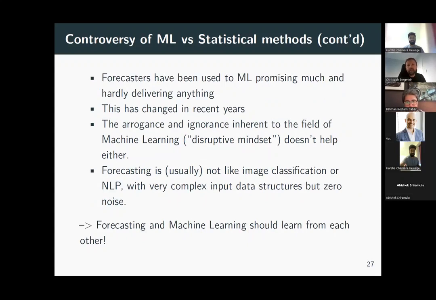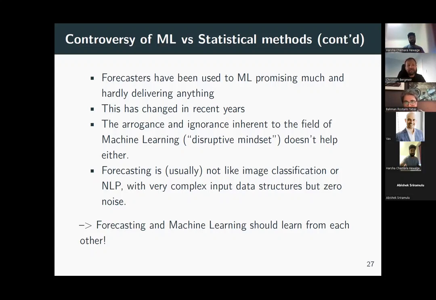Yeah, so forecasters have really been used to ML promising much and hardly delivering anything. However, this has really changed in recent years since M4. I would argue that the arrogance and ignorance that machine learners often have, this disruptive mindset, like, oh, I just go into this research field with my transformer and I eclipse all the 40 years of research that have happened there before, hasn't helped either.